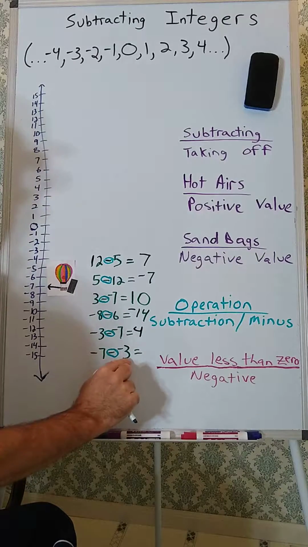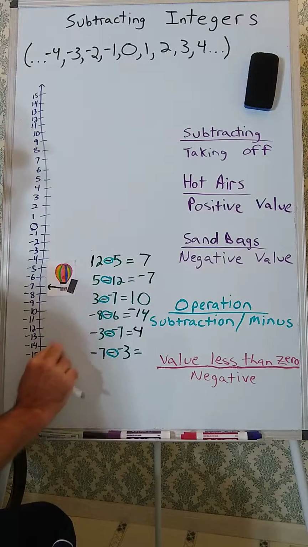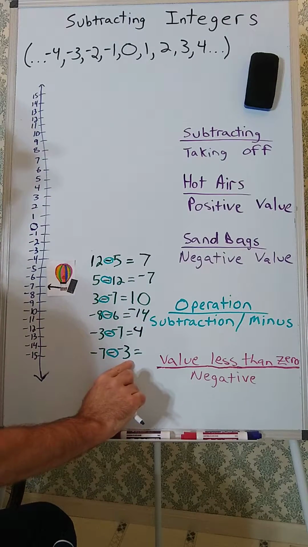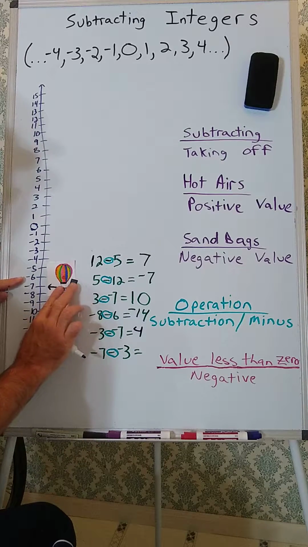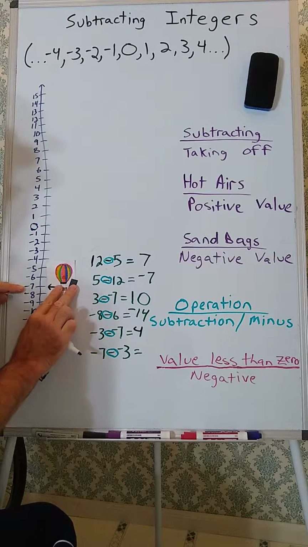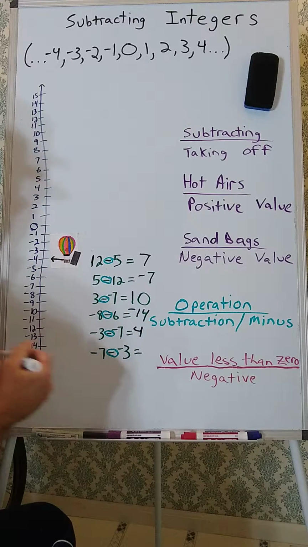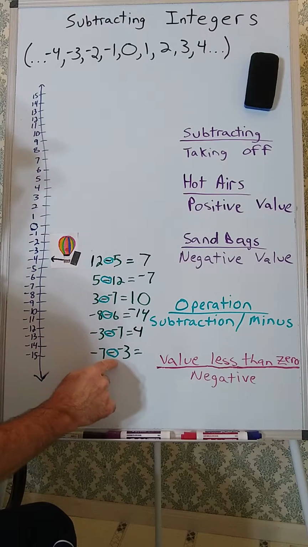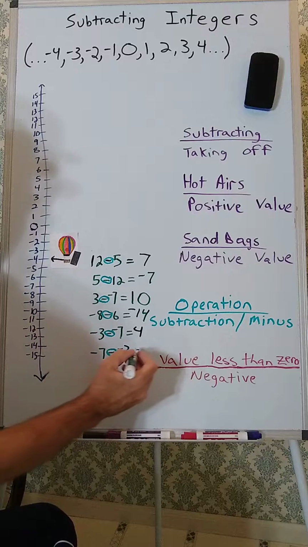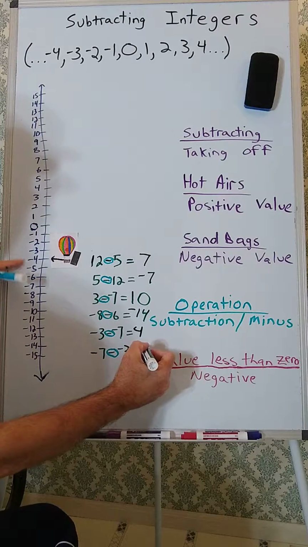We take off 3 sandbags, so the balloon will go up 3. And it's 7 below 0, so it's not going to make it to 0. So it's still going to be negative. 1, 2, 3. So negative 7 minus negative 3 is negative 4.